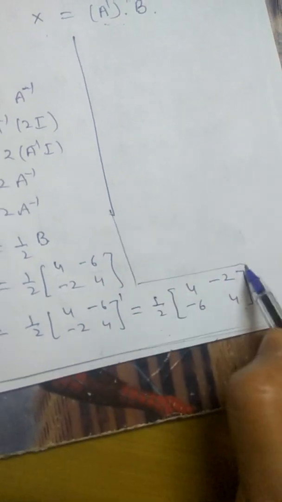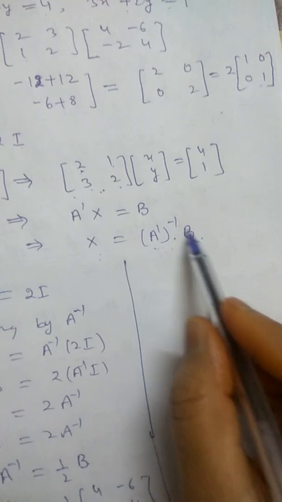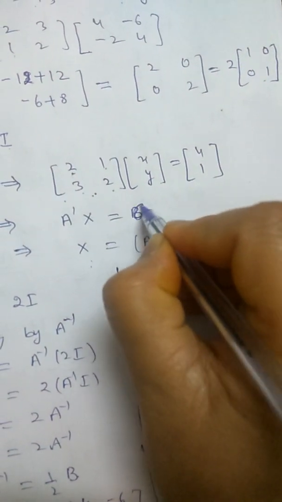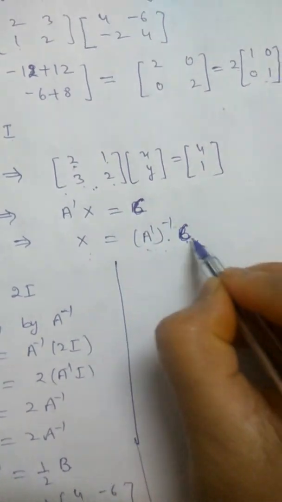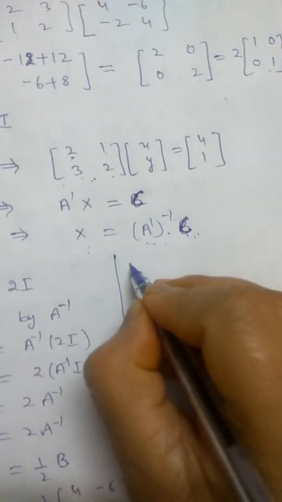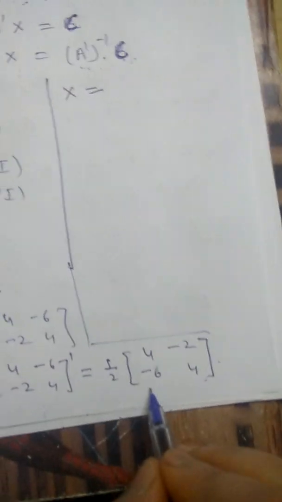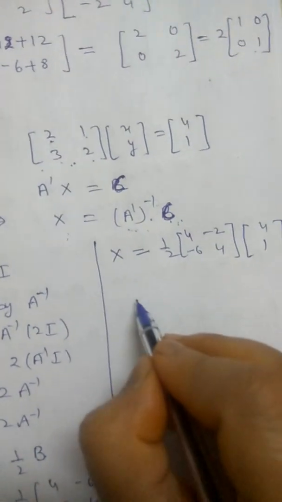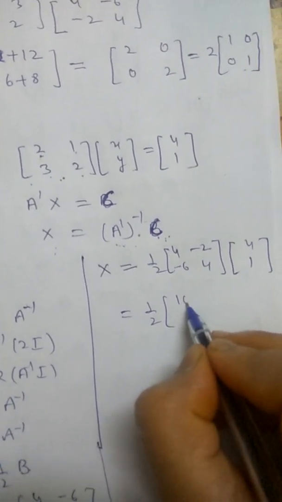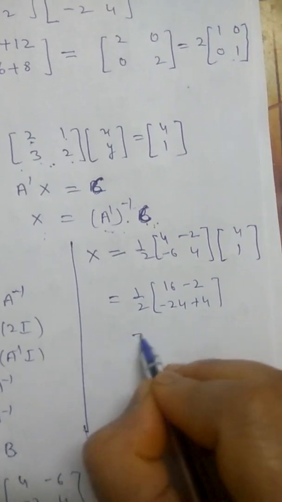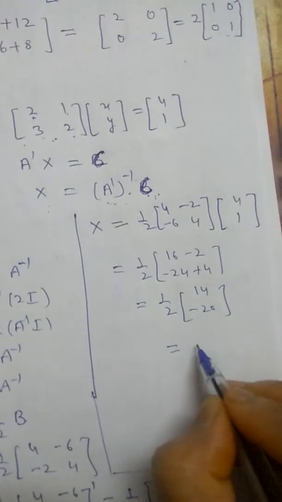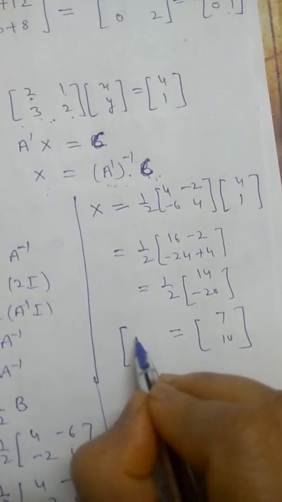And now use this in the equation X is equal to A' inverse into B. Here don't confuse B, because the B matrix is already given, and therefore you have to write that this constant matrix is C. And now X is equal to A' inverse into C. It means X is equal to 1/2 [4, -2; -6, 4] into C, that is [4; 1], and therefore 1/2 multiply this: [16 - 2; -24 + 4], that is equal to 1/2 [14; -20], and therefore that is equal to [7; -10], and X is [x; y].